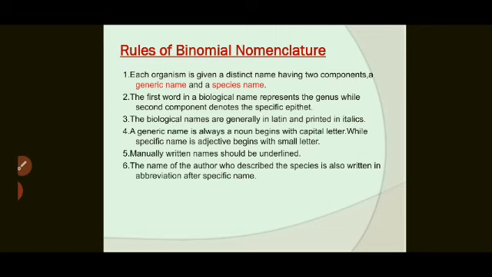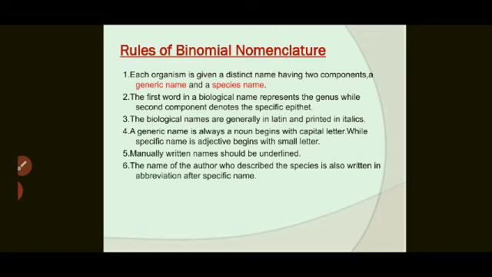The name of the author who described the species is also written in abbreviation after the specific name. So the author who has described the particular species, his name should be written in abbreviation after the specific name. So, these are the rules of binomial nomenclature.